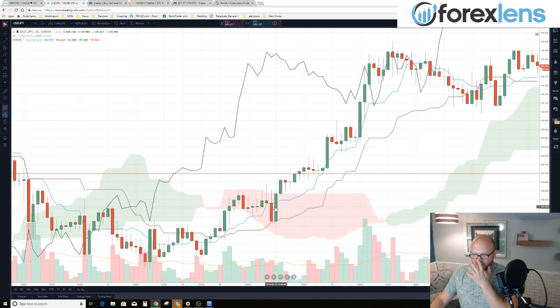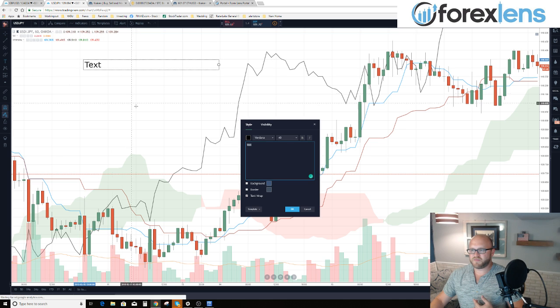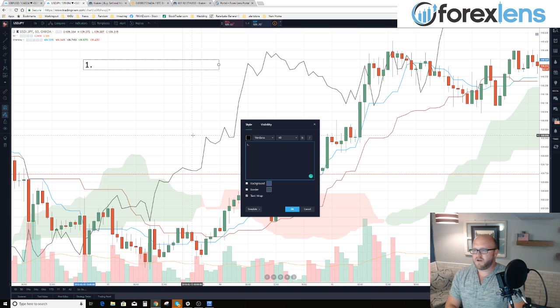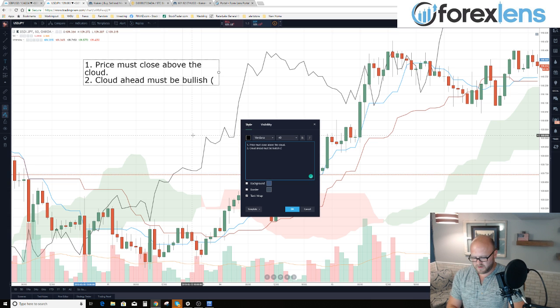But when do we take a trade? If we're going to take a long trade, if we're going to go long, the rules are very simple. First rule, price must close above the cloud. Second, the cloud ahead must be bullish or green. Third is that the conversion line must be greater than the baseline.